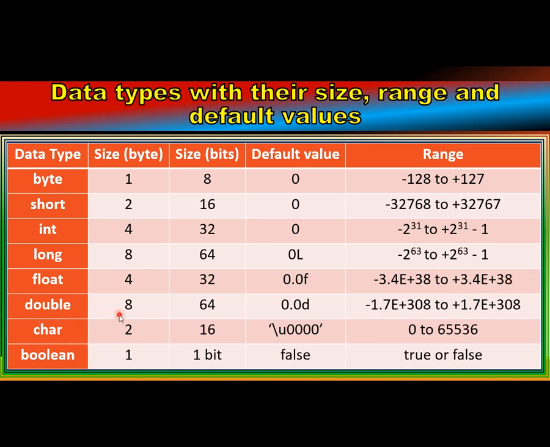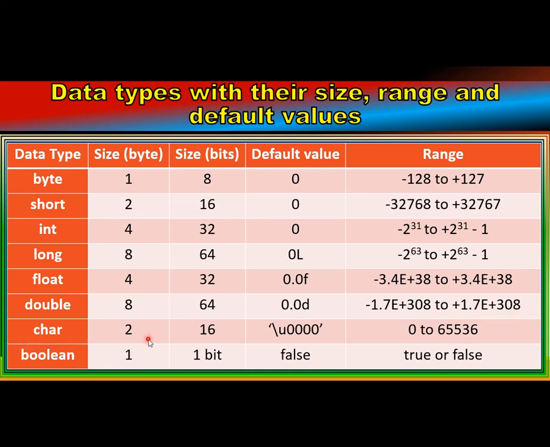Next is double. It reserves 8 bytes of memory, so it is equivalent to 64 bits, and the default value is 0.0d. You can write d or not, because by default all decimal numbers are treated as double. And the range is minus 1.7 into 10 to the power 308 to plus 1.7 into 10 to the power 308.